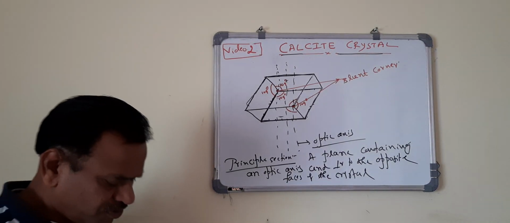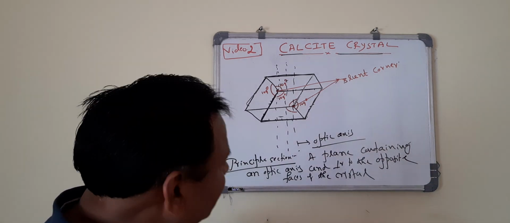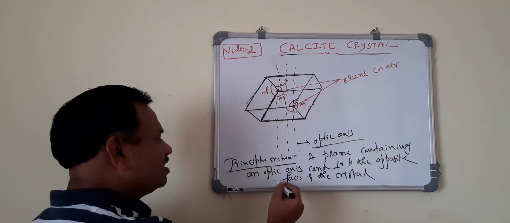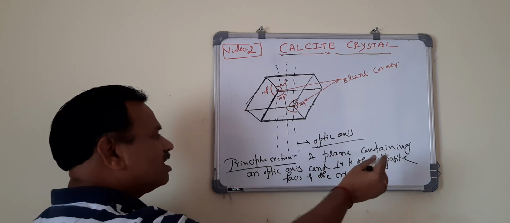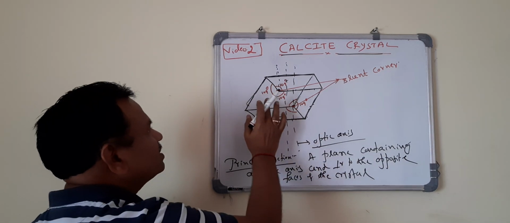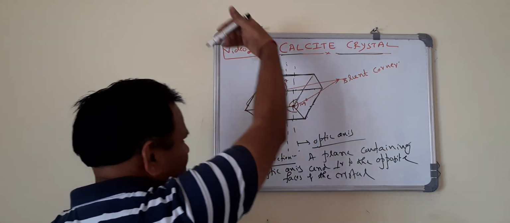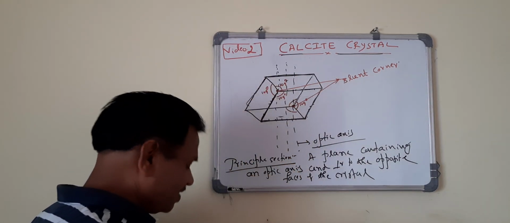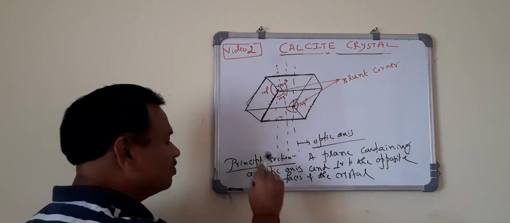What is principal section? A plane containing an optic axis and perpendicular to the opposite faces, means this face and this face. Just you cut it here. Or else this face and this face, it should come. That is called as what?